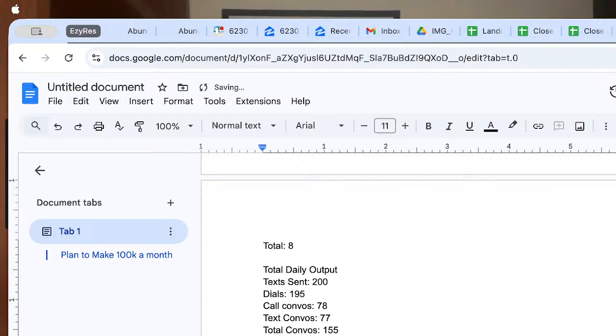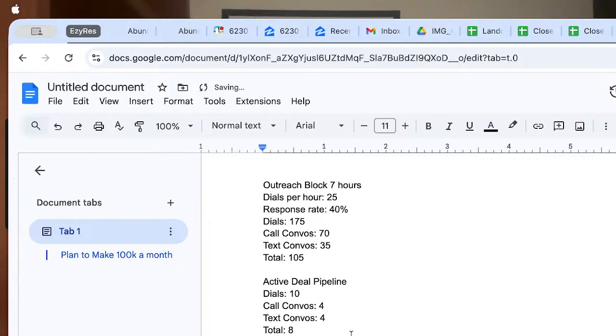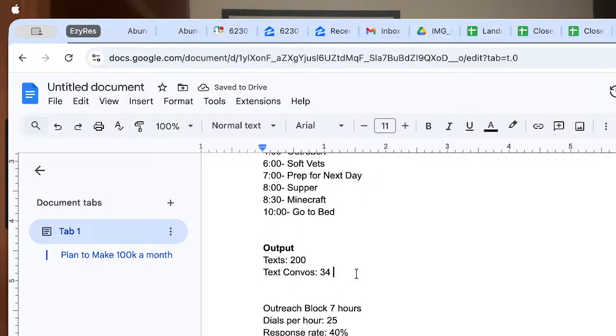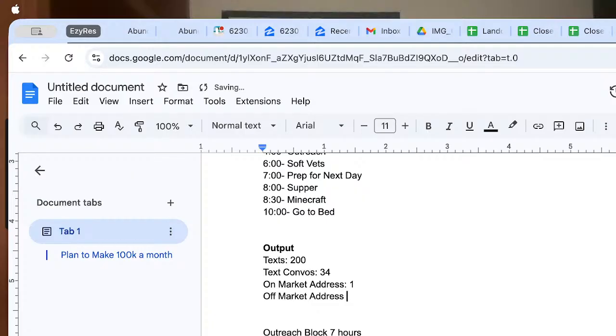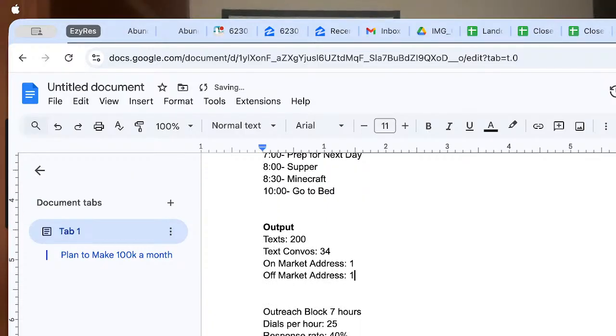Our current conversation to address ratio, I guess we need to break it up by section. So we would get 1 on-market address, 1 off-market address, and then the outreach block.